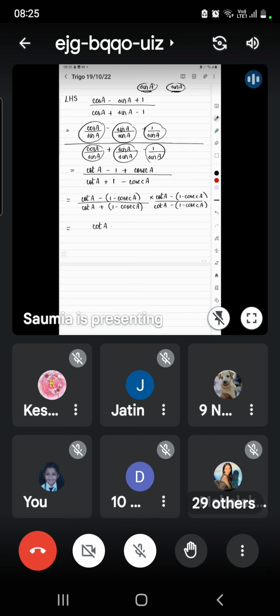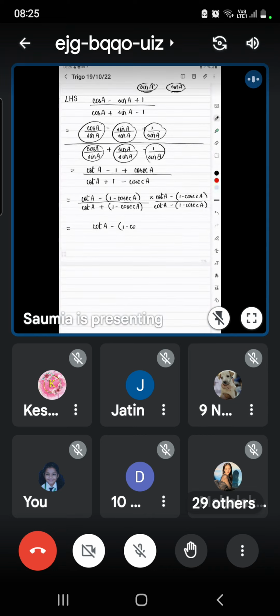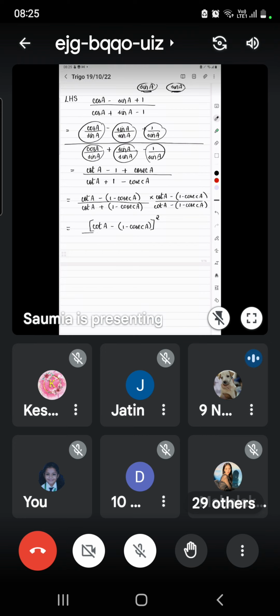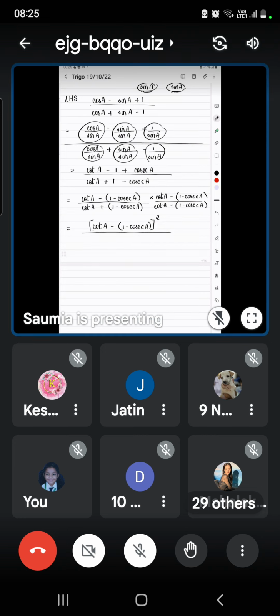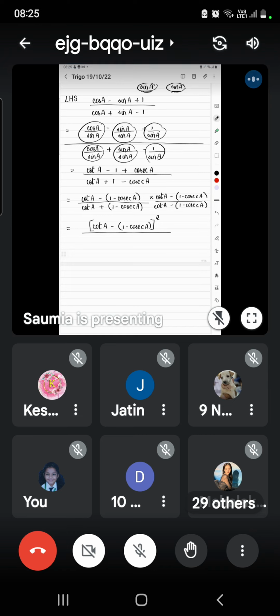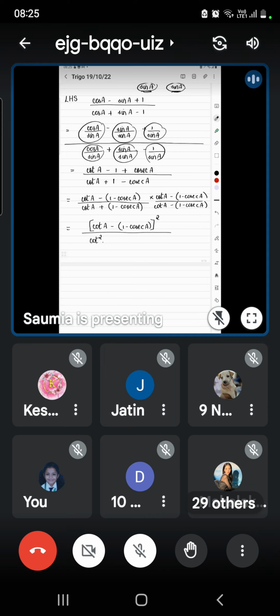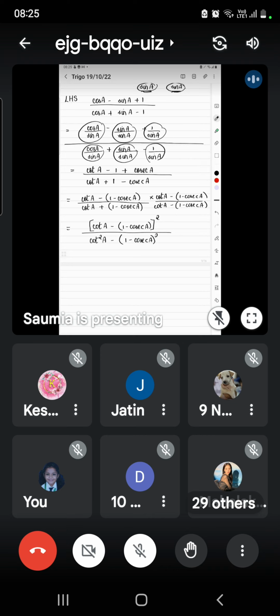Is the numerator the same? A minus B the whole square. Yes, very good. Who said that? Sharvari. Good. So, Sharvari, you only tell me what will the denominator be? A plus B into A minus B, A square minus B square. So, cot square A minus 1 minus cosec A the whole square. Correct?